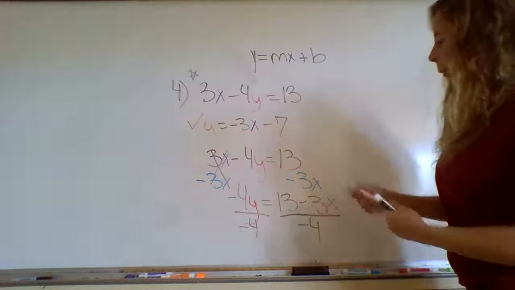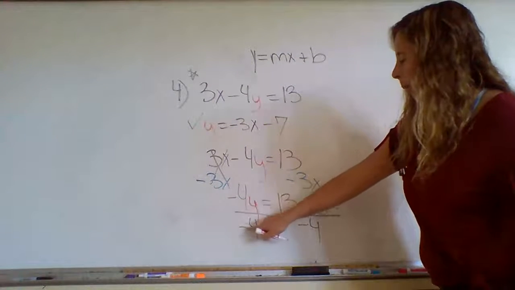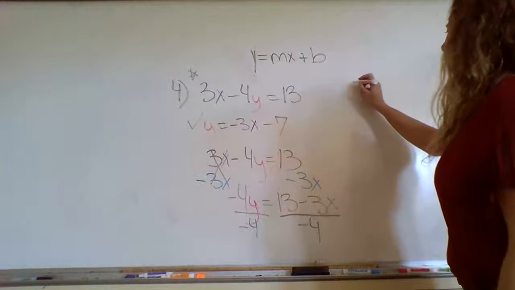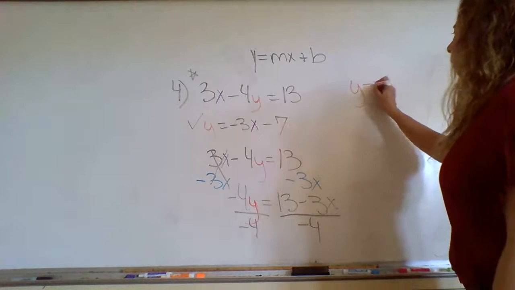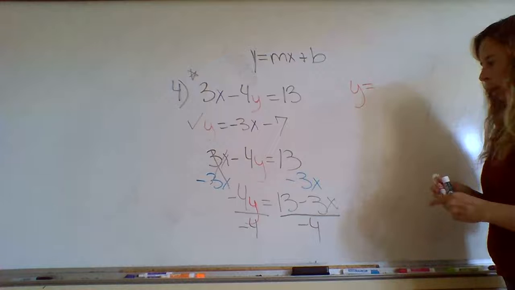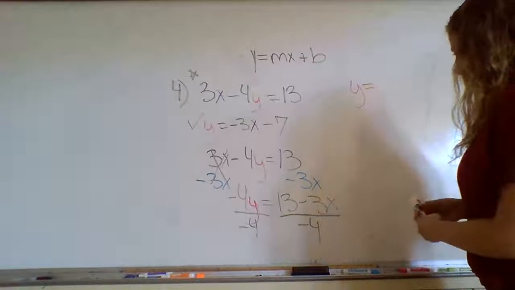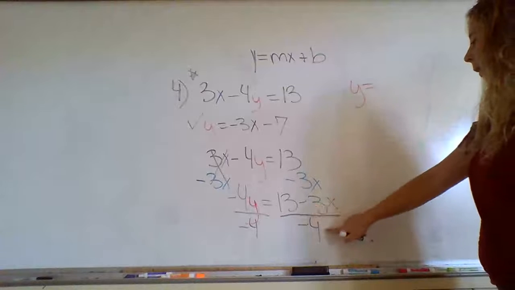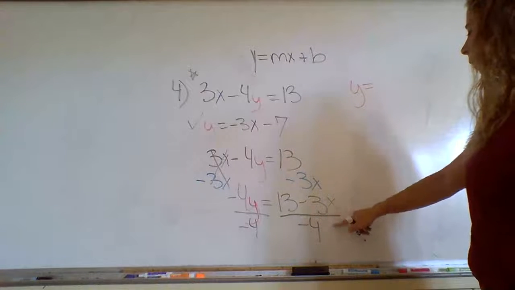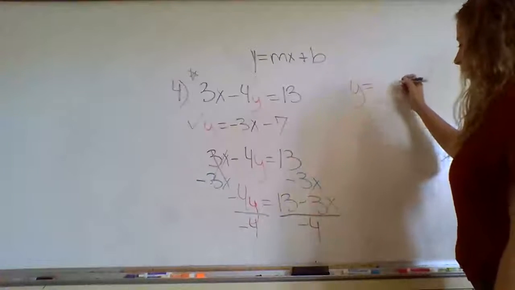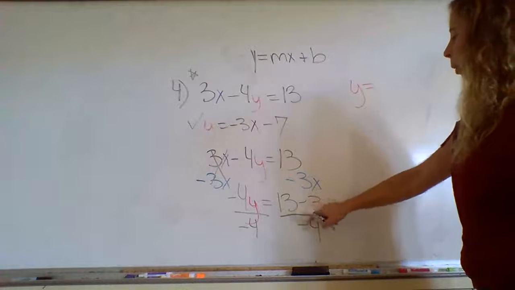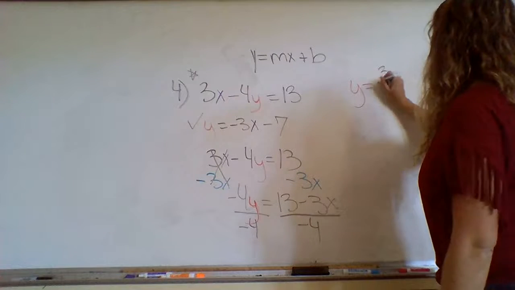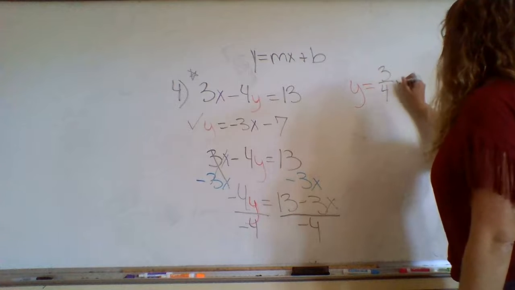So you are left with, -4 divided by -4 is 1. So you're left with 1y, which is just y. y equals, and then on the other side, you have -3x divided by -4. -3x divided by -4 is, your negatives will go away, so that's 3/4 x.